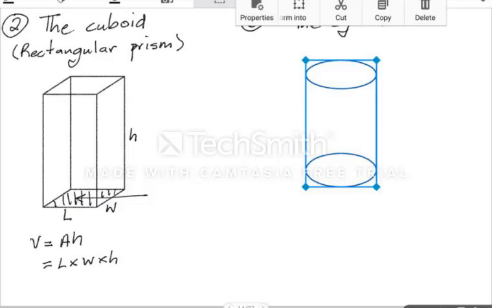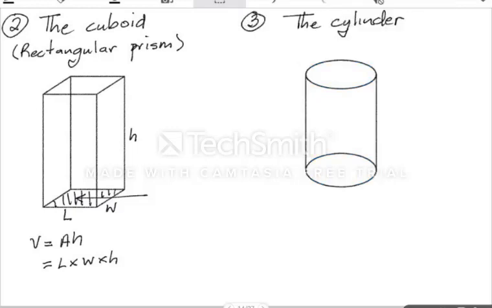So this is an example of a cylinder. And a cylinder is a solid shape with a uniform circular cross section. Circle at the bottom, same circle at the top, and if I cut it in the middle, the same circle will also be exposed.